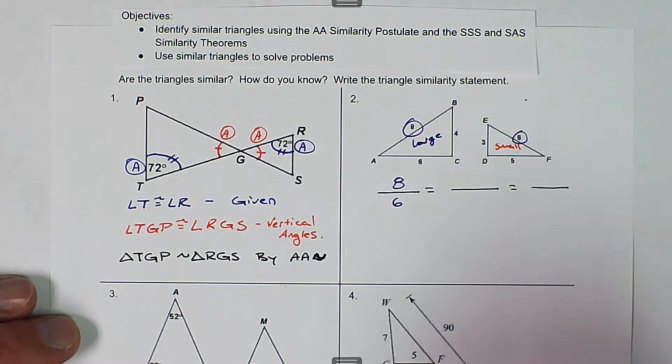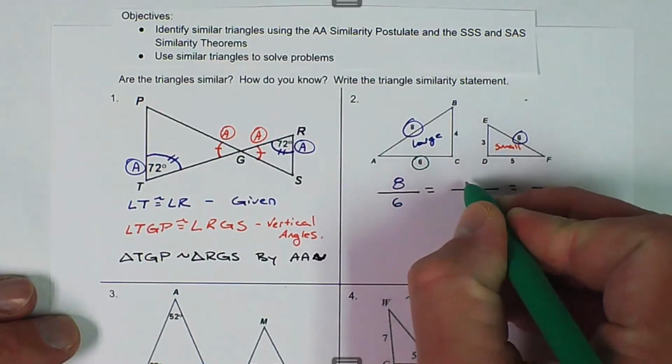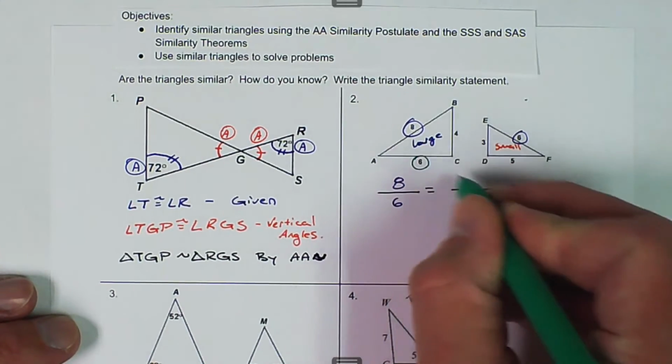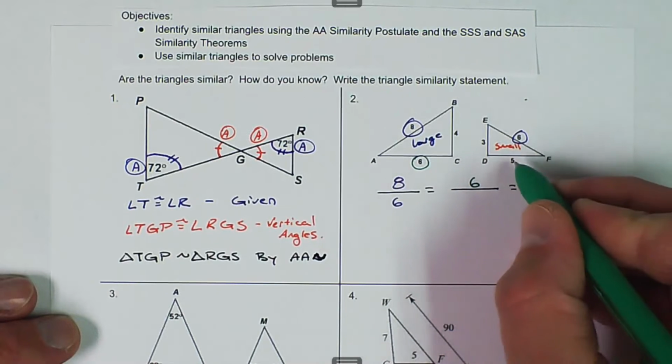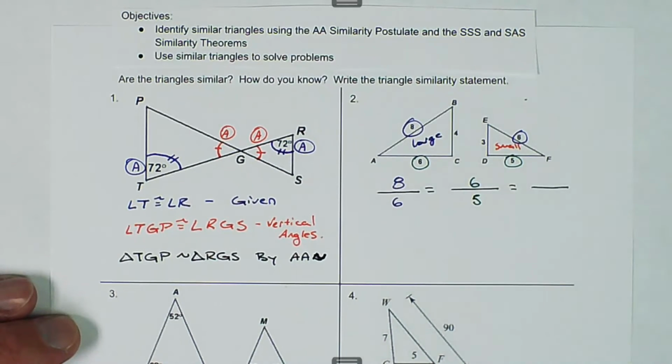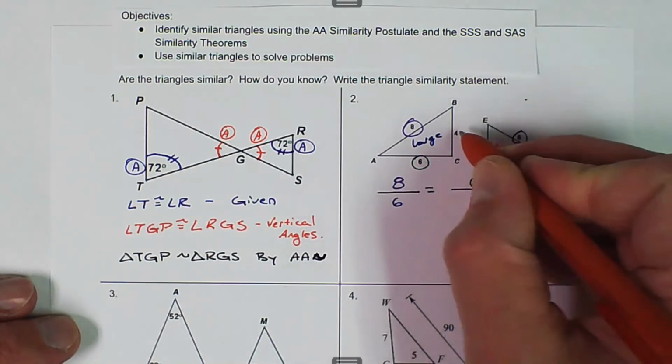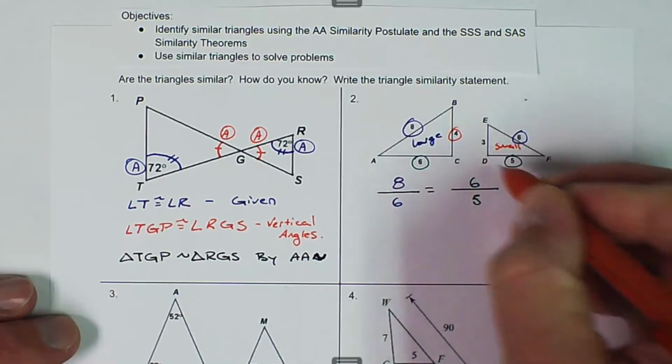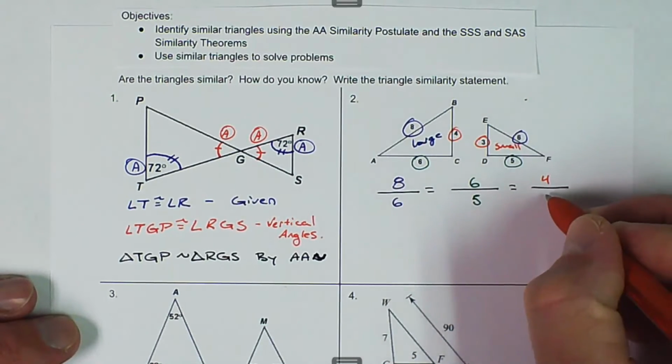Next, our next largest side is 6 on the large triangle, and here we have 5. And then we have 4 compared to 3.